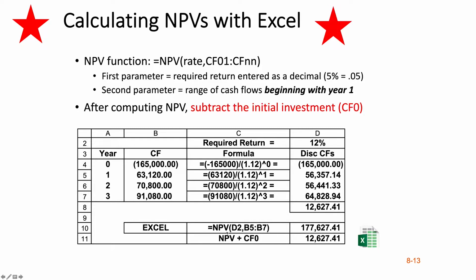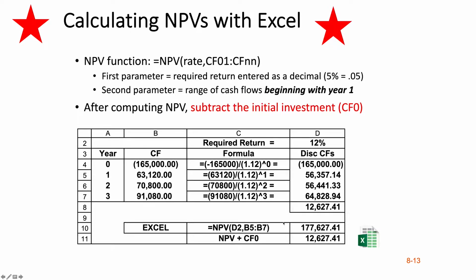And then that is the net present value, actually, then you add CF0. CF0 here is the B3. In other words, you compute NPV from the first cash flow up to the last cash flow. Then subtract the initial investment, cash flow 0, then you will get the net present value.